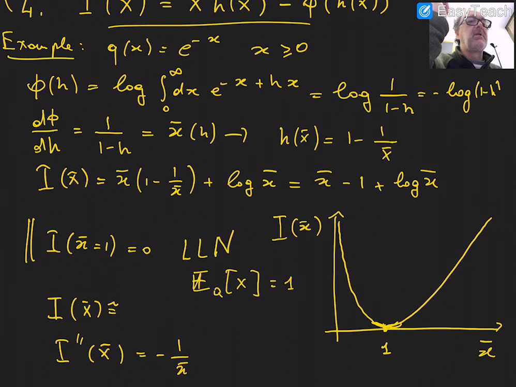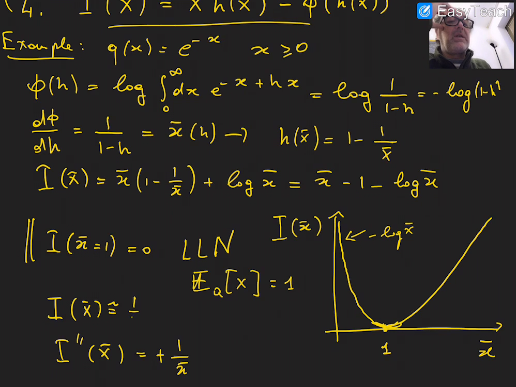I think here there was a sign problem: the derivative of minus log of x bar has the opposite sign, so the second derivative is 1 over x bar.